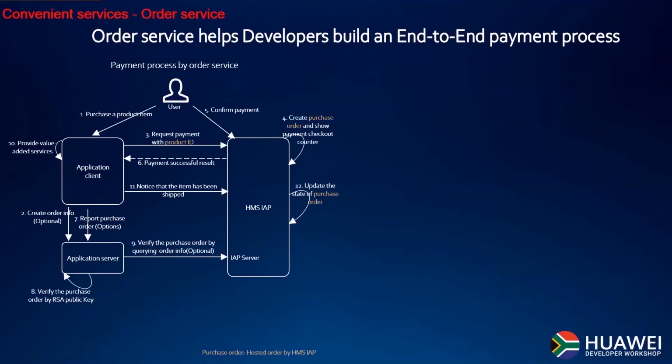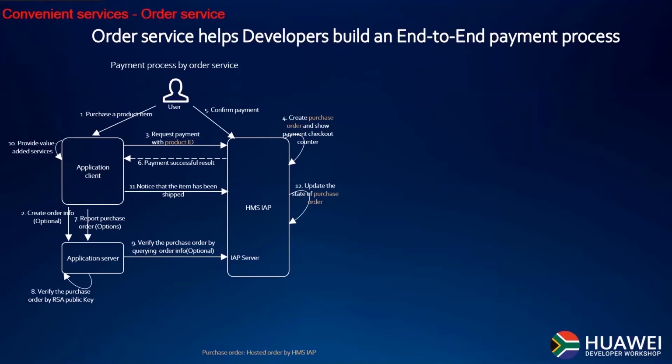Now, looking into how the development process has to go, and having the payment process go from start to beginning. The user has to first ask for the product item, which has to get the product information.